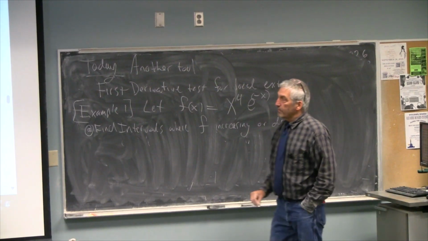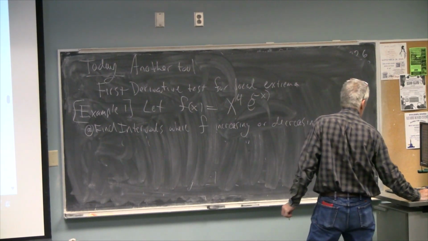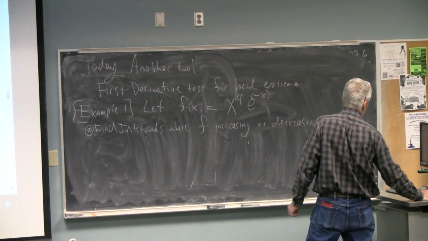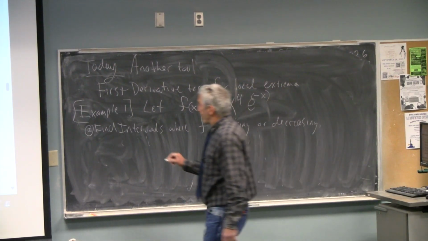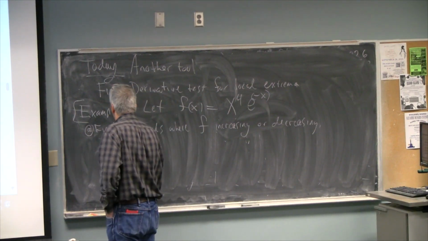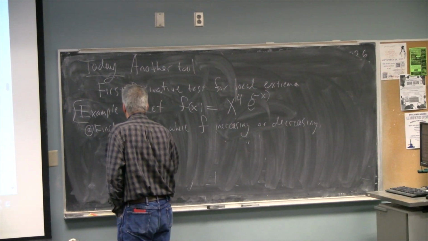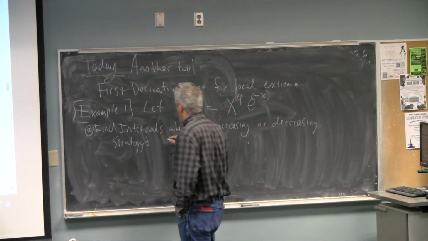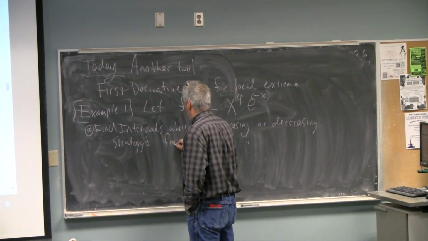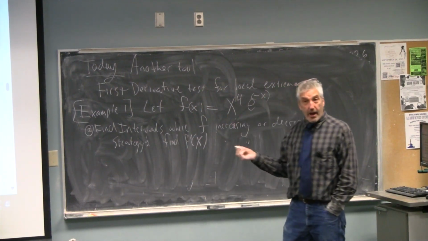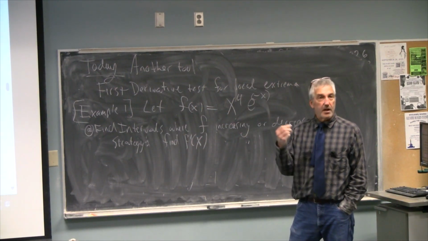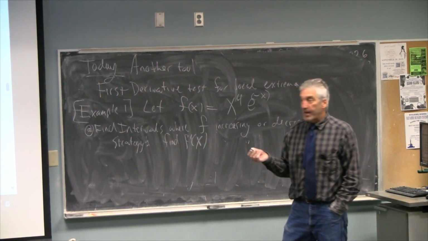All right, well, the strategy is going to be, we're going to use the increasing decreasing test. So here's the strategy. We're going to find f prime of x. We're going to analyze the sign behavior of f prime. That is, we're going to determine the sign behavior of f prime.